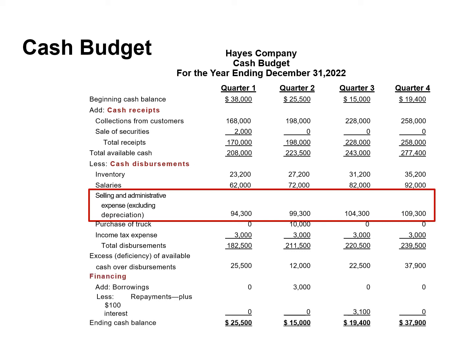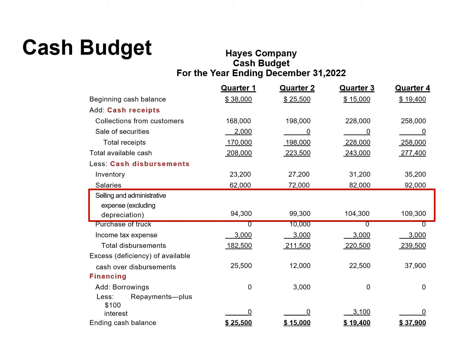The financing section shows expected borrowings and repayments of borrowed funds plus interest. Financing is needed when there is a cash deficiency or when the cash balance is less than management's minimum required balance.